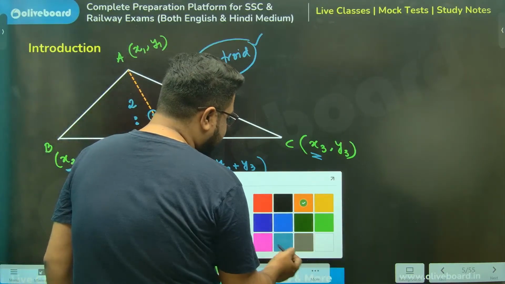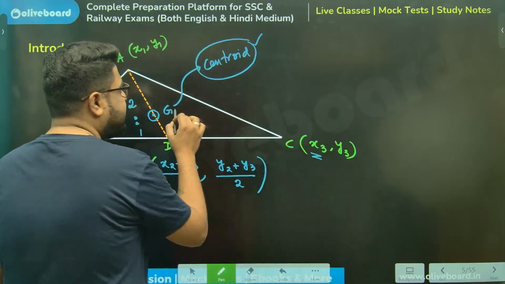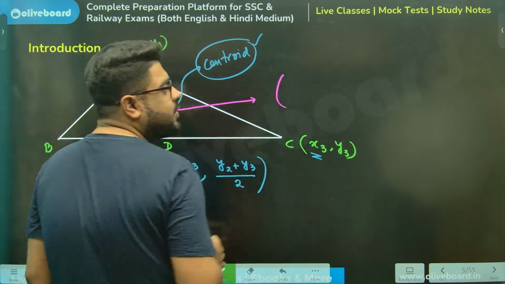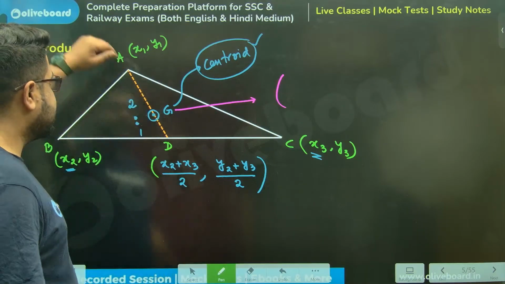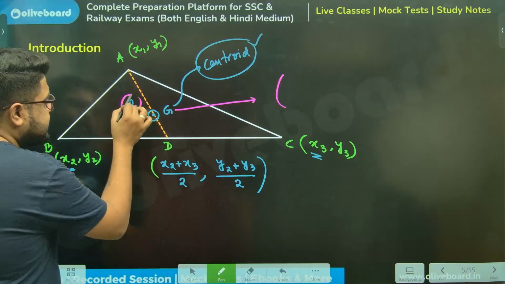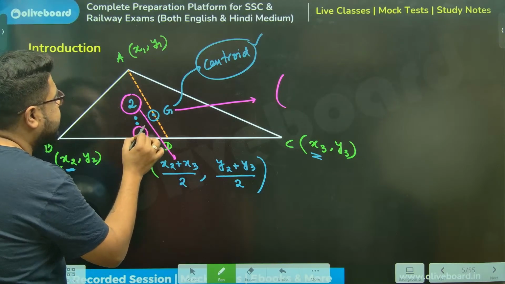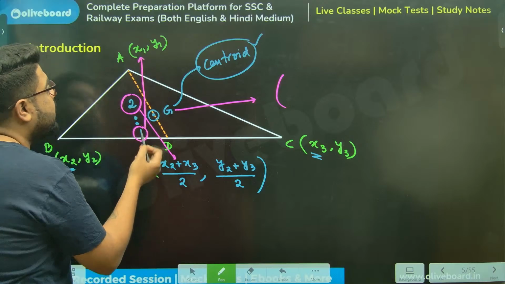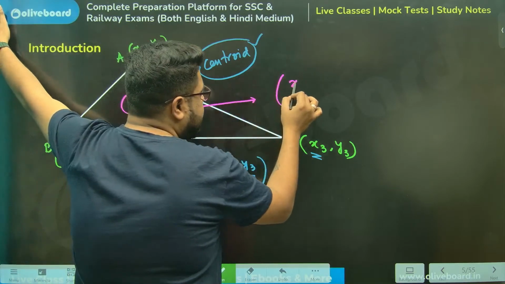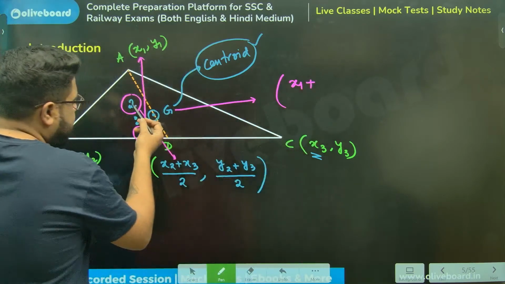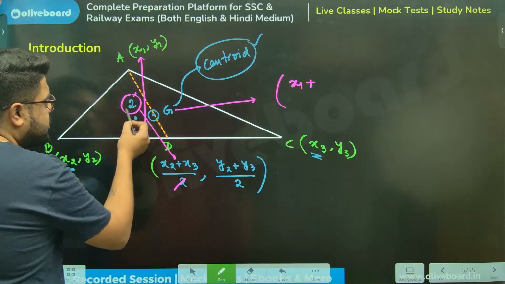You understand why we are learning the section formula. You see what will happen: the distance ratio gets multiplied by the further point. So 1 into x1 plus 2 into this, and this 2 will cancel.